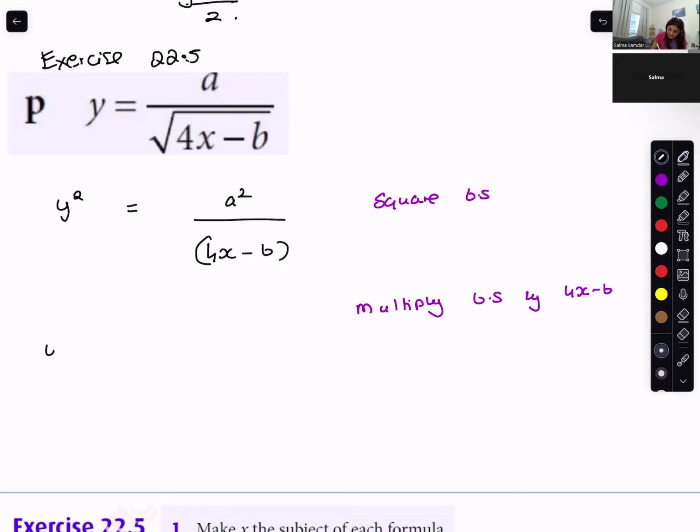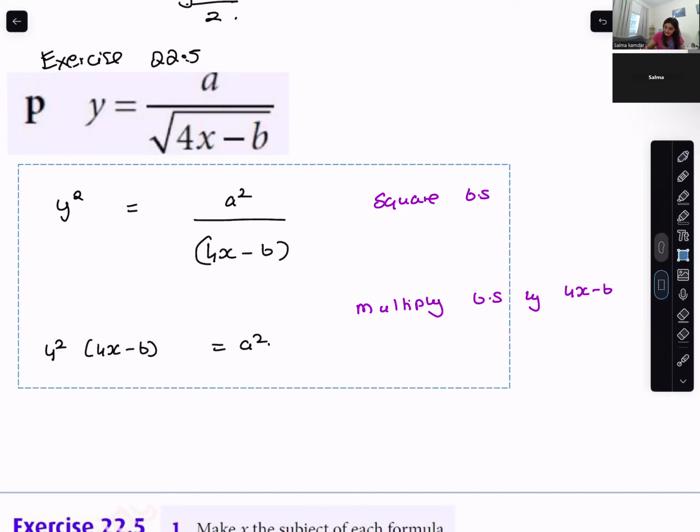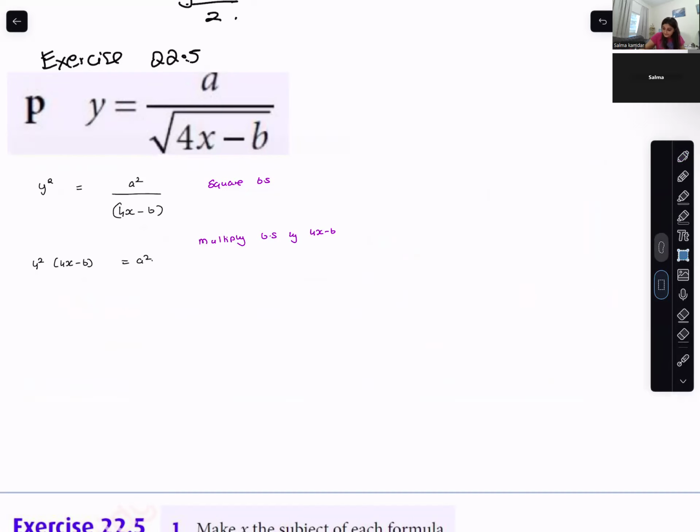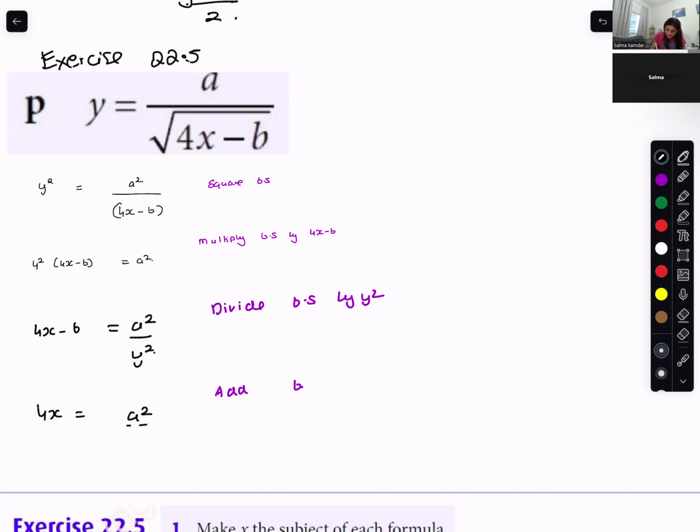So this will become y square times 4x minus b is equal to a square. Then I can divide both sides by y square. So this is going to be 4x minus b is equal to a square by y square. I can add b. So 4x is equal to a square by y square plus b.